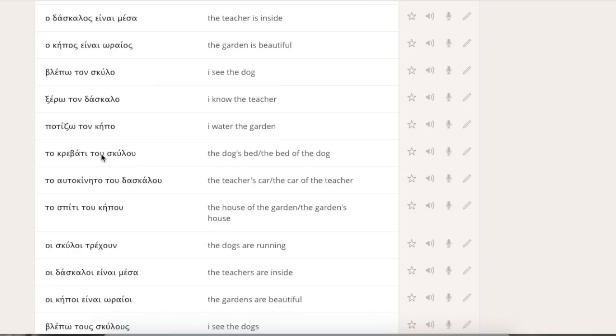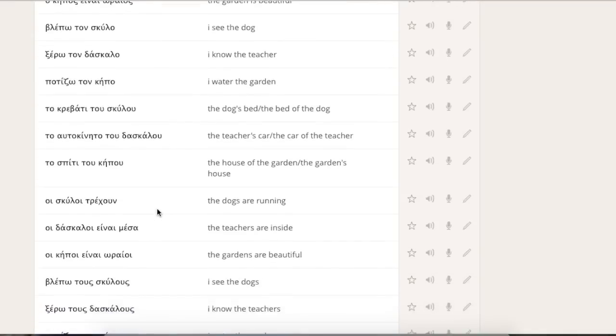Okay? Let's see another example with the word teacher. The car of the teacher, the teacher's car. Το, the, αυτοκίνητο, the car. Του, of the, δασκάλου, teacher. Tou represents two words. Δασκάλου, teacher, yes, has this u ending like the article.